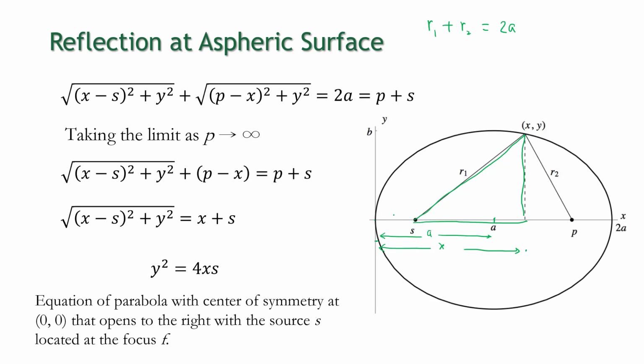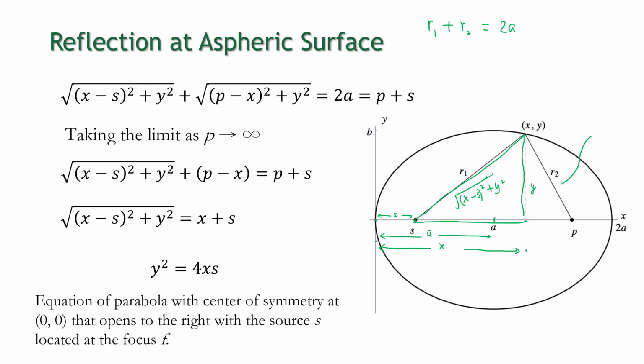And this distance is s, from the focus to this edge. By using the Pythagoras theorem, this is a right triangle, so this distance would be the square root of the height y squared, plus the base squared. What is the base? The base is this whole distance x minus s. So x minus s, squared, plus y squared, that is that distance.